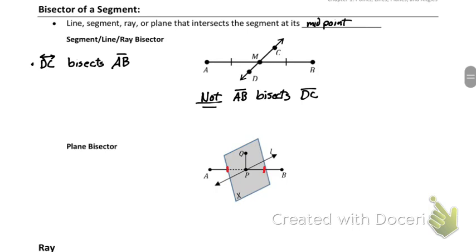Help me out here. So I'm going to say plane X bisects which line? Plane X bisects either AB or line L. There's a slight hint in the way I said it too.